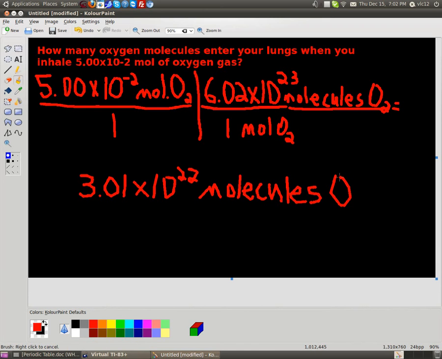Now just to show you how I know the units are molecules of O2, the moles of O2 will cancel out with mole of O2, and I just multiply these two numbers, and that's my answer by dividing by 1.